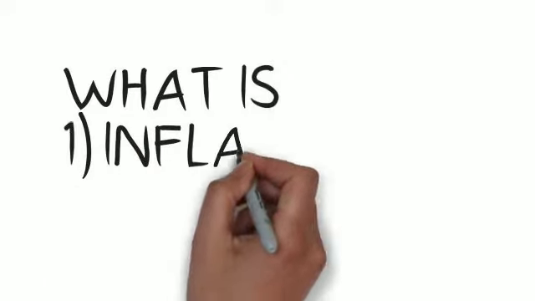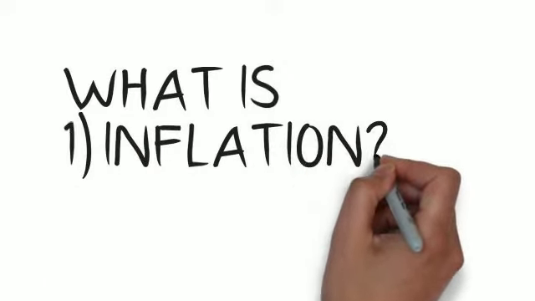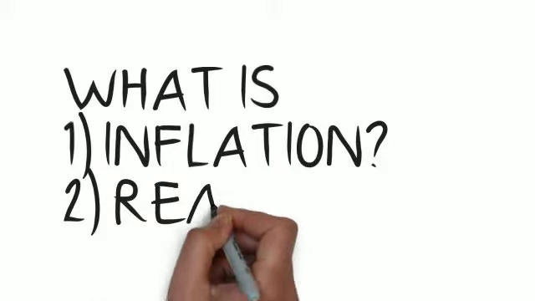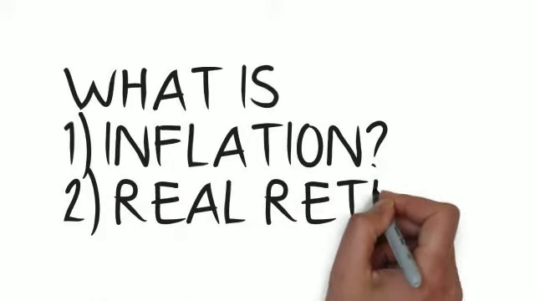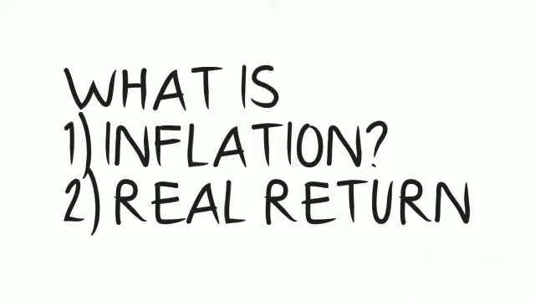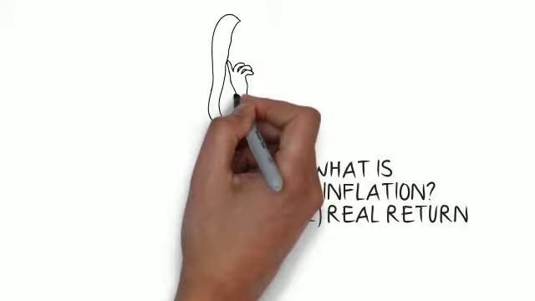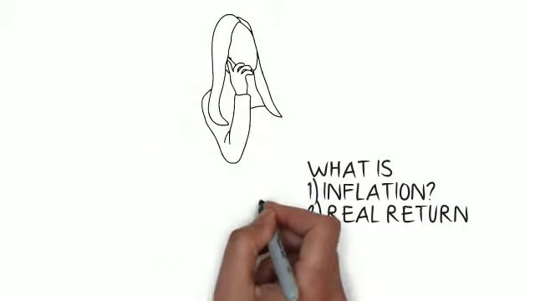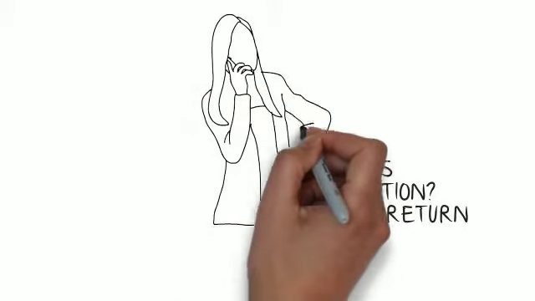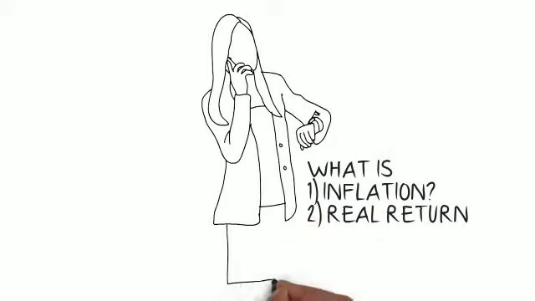You could already be asking, but if I'm going to make the distinction, what is inflation? What is this so-called real rate of return? And you are right to ask those questions.